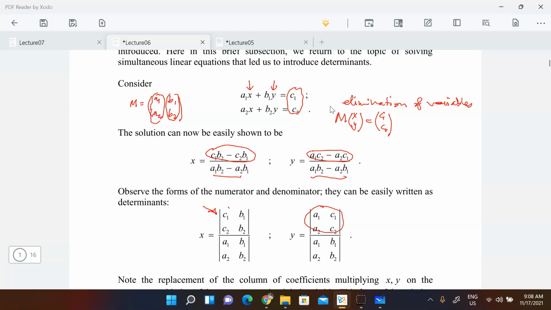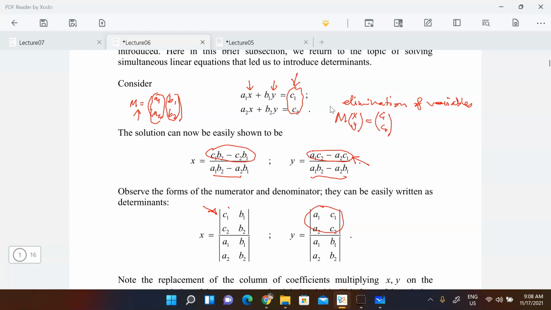If you take the determinant of that, you get your a1 c2 minus a2 c1. So in other words, your solutions are now expressible in terms of determinants. The one on top is essentially your matrix M, with the columns replaced by the constants C1 and C2.